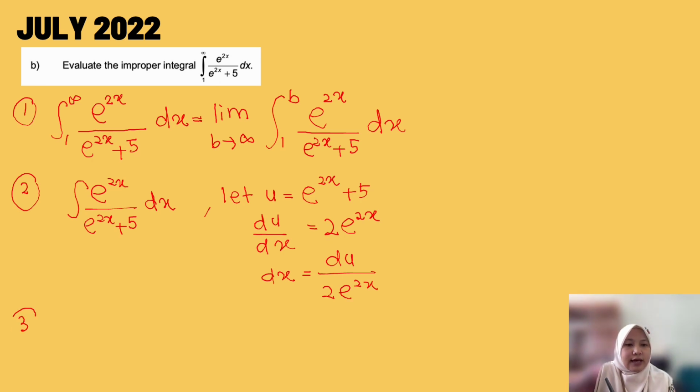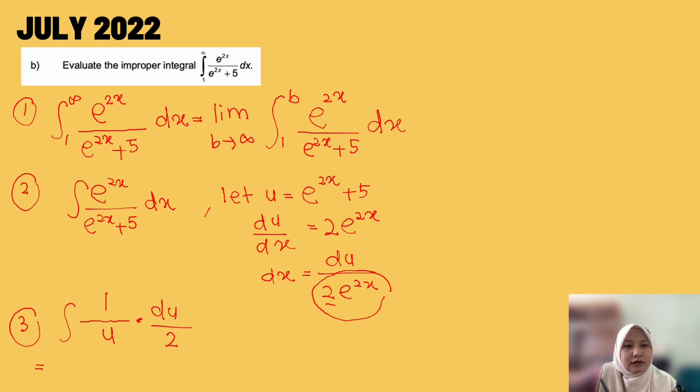So third step, substitute everything in terms of u. For the denominator part, we have u, and then here dx will become du over 2 exponent 2x. So this exponent 2x will cancel exponent 2x on the numerator. So therefore, we only have 1 here, multiplied by du, and then we still have our 1 over 2 here.